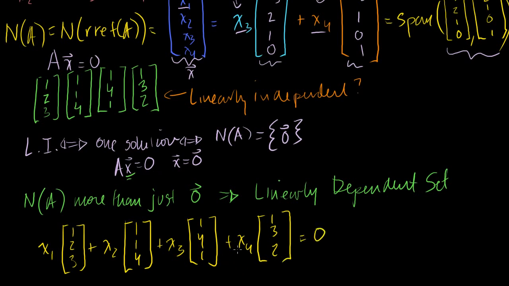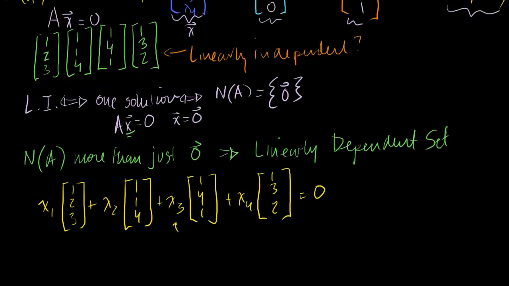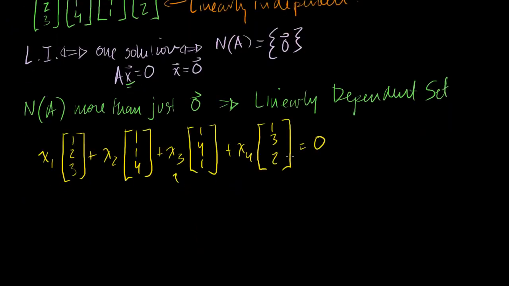Now, I can solve for the vectors that are associated with my free variables using the other vectors. Let me see if I can do that. And you'll see it's actually pretty straightforward. So let's say I want to solve for x4.